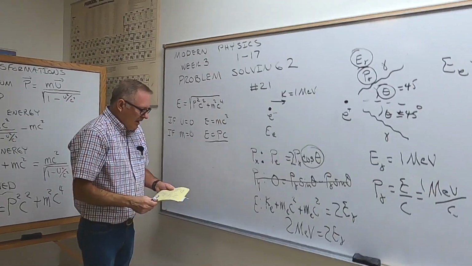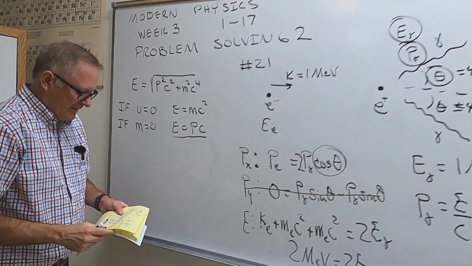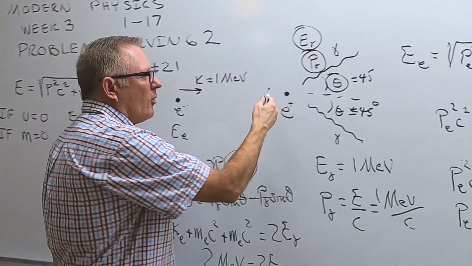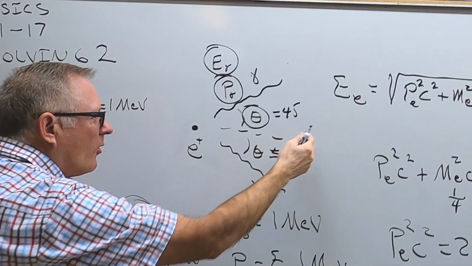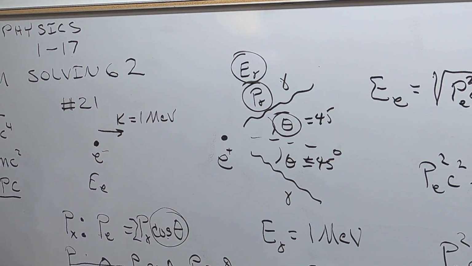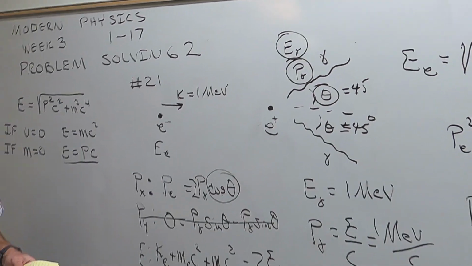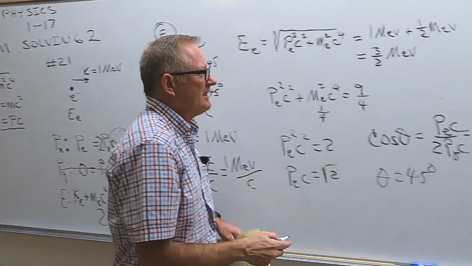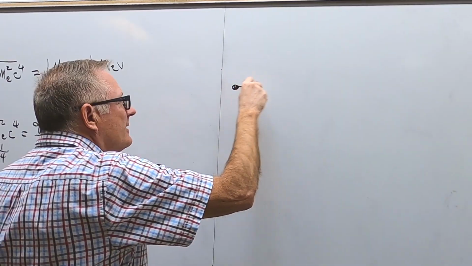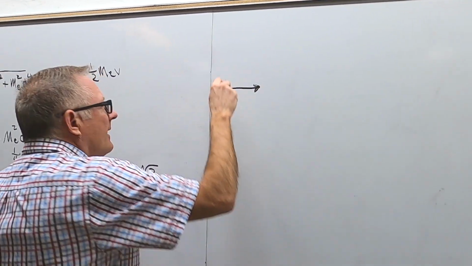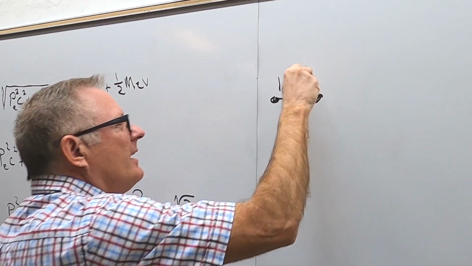Now, they didn't ask this, but what if these didn't go off at equal angles? What if one went forward and one came back this way? How would things differ? So let's look at this exactly the same way, but this electron is going forward at 1 MeV.